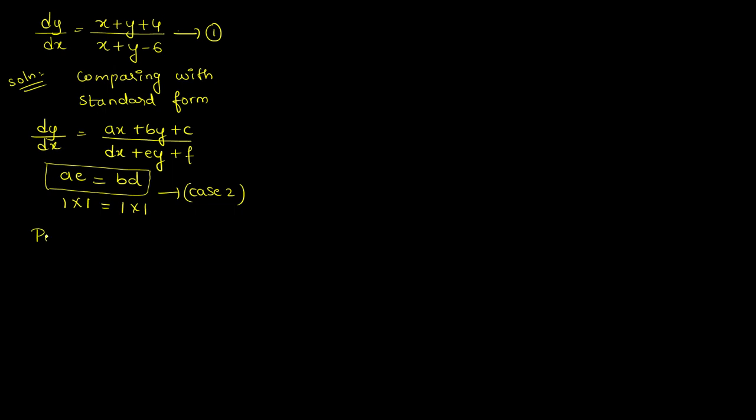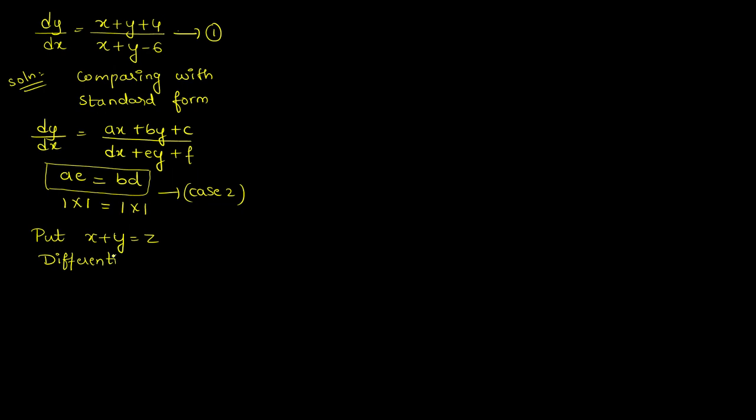So we put x plus y equal to z. Again remember, if I have 2x plus y here and again 2x plus y there, I'm going to take it as z itself. Whatever this term or this term is, as they are the same, they will be taken as equal to some z.